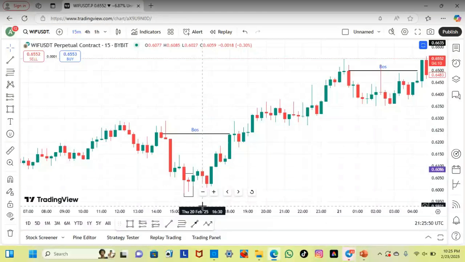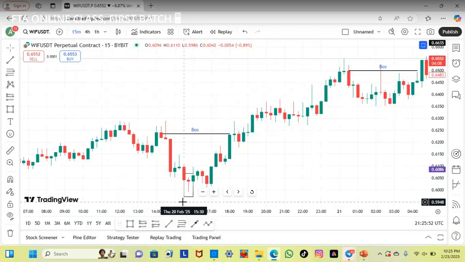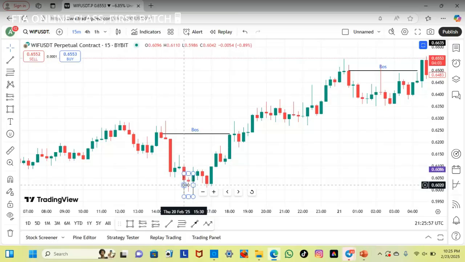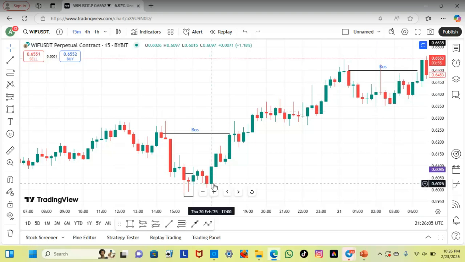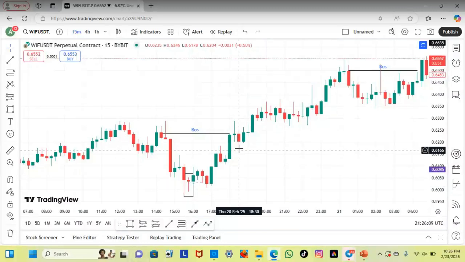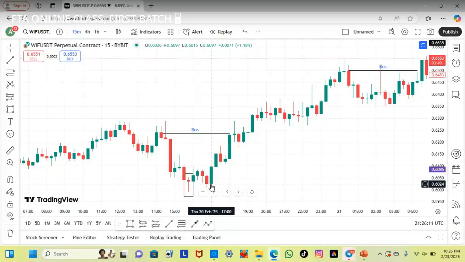And you see that after this candlestick pattern appeared, the market went on an uptrend. And there is a second confirmation here, another confirmation that indicates that the market is going on an uptrend, which is a bullish engulfing pattern.